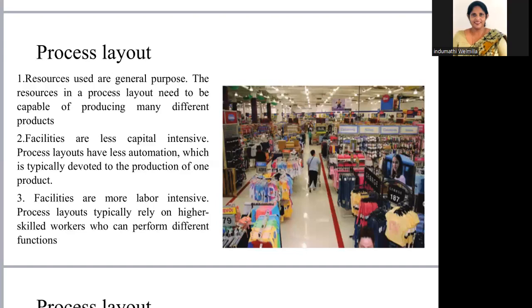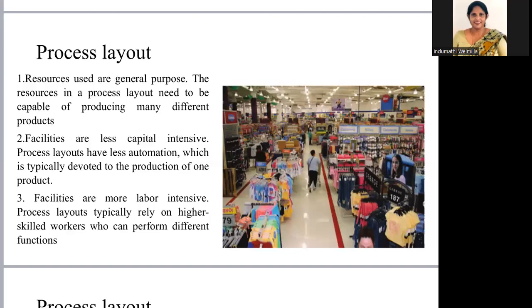So process layout is very common. As I said, it's a very good example for the service process layout. A hospital is an example of process layout.